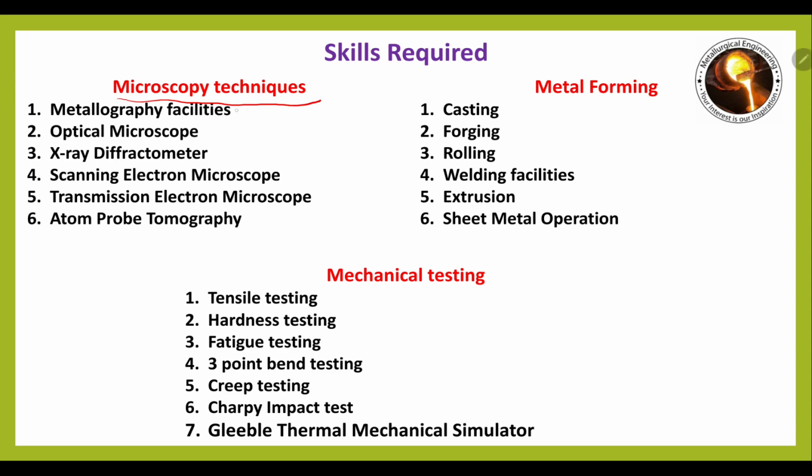So we require metallography facilities, like sample preparation for techniques such as optical microscope, X-ray diffractometer, scanning electron microscopy, transmission electron microscopy, and recently one of the most advanced microscopic techniques has been added, that is atom probe tomography.